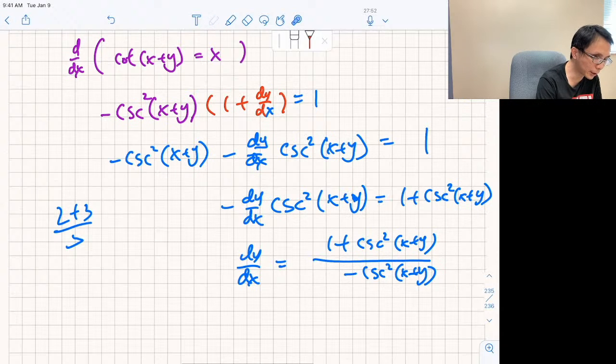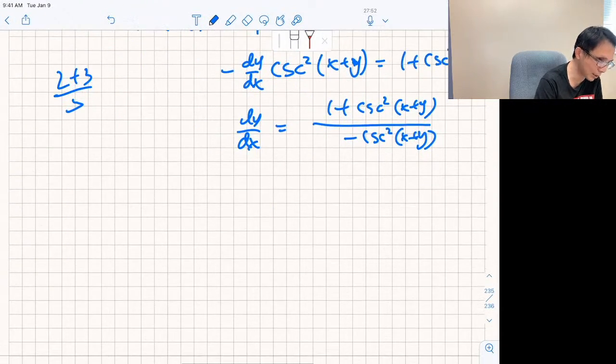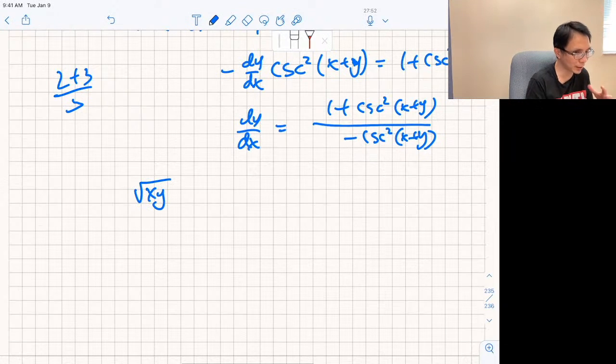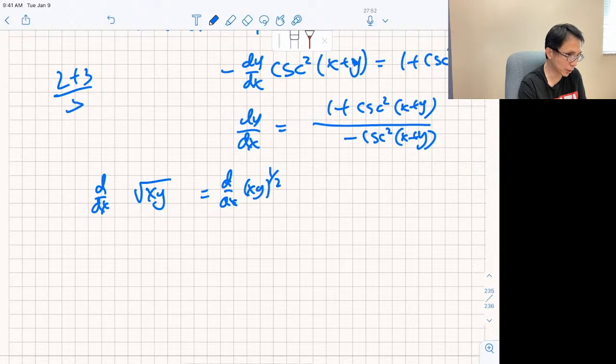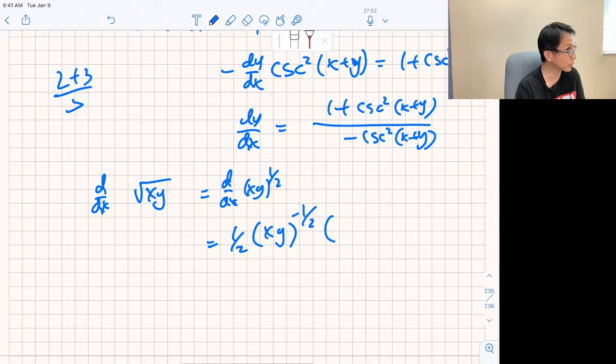And sometimes a harder one could be something like this. I think it's also on the homework questions. But let's just talk about this. How do I take a derivative of this one? So you're going to say d/dx of xy to the 1/2. Yeah, so you're going to do 1/2 xy to the negative 1/2, and then do a product rule from here.